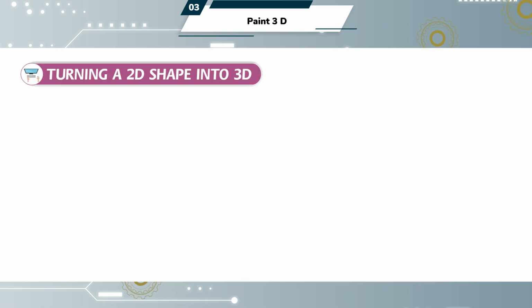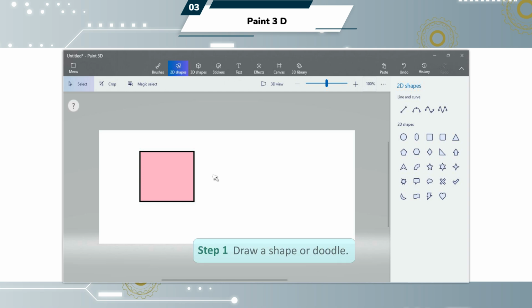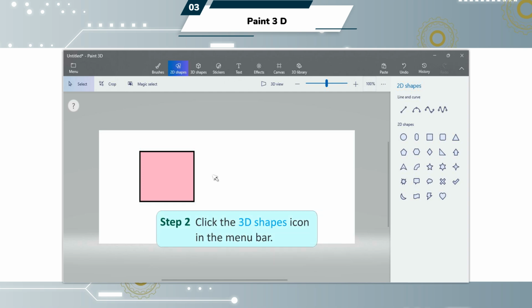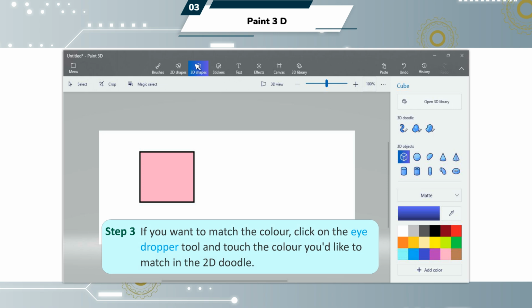Turning a 2D shape into 3D. To turn a 2D shape into a 3D shape, follow the given steps. Step 1. Draw a shape or doodle. Step 2. Click the 3D shapes icon in the menu bar. Step 3. If you want to match the color, click on the eyedropper tool and touch the color you'd like to match in the 2D doodle.